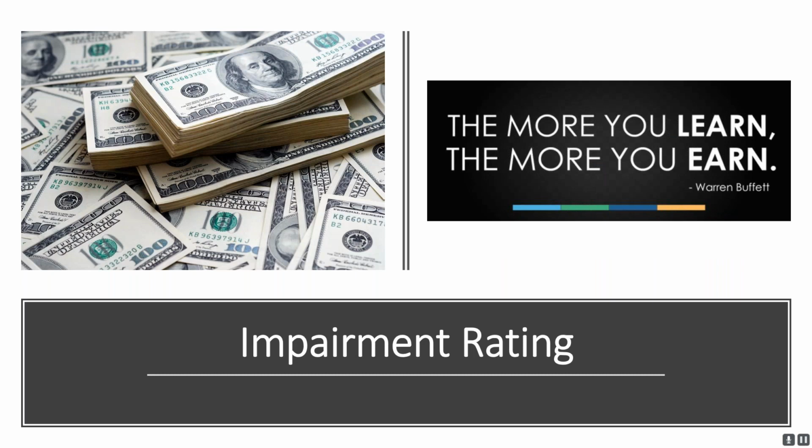Now, when we get into impairment rating, this whole webinar this morning is the lazy doctor's way to do impairment rating. Impairment rating is easy to do. First of all, impairment means the loss of use of, or the derangement of any body part, organ, or organ system, right?